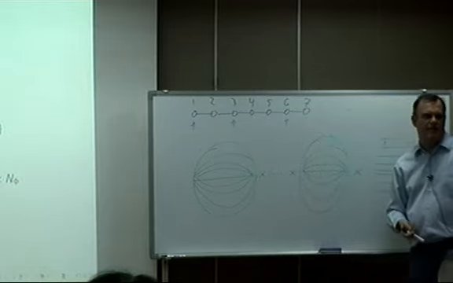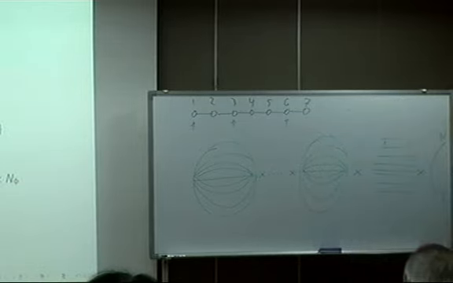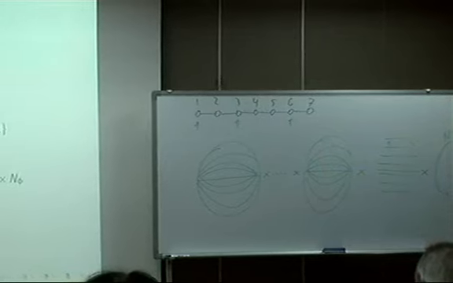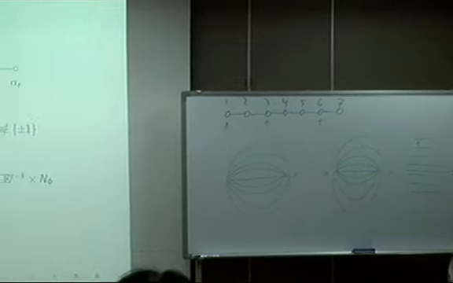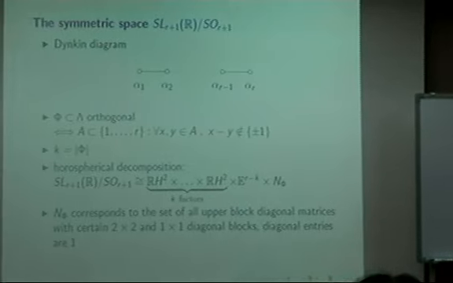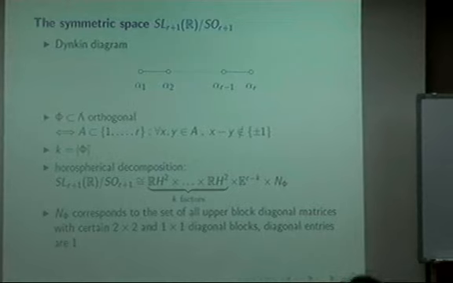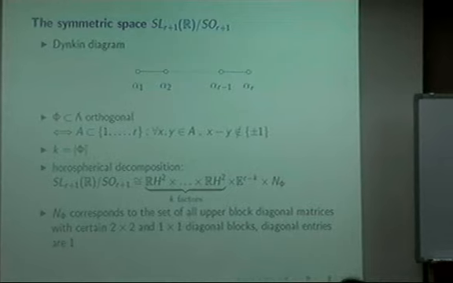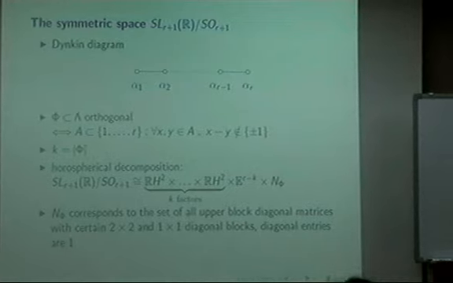So it's roughly half the rank. So this is what the horospherical decomposition looks like. And n phi, we know, corresponds to the set of all upper block diagonal matrices with certain 2 by 2 and 1 by 1 diagonal blocks, and all the diagonal entries are really 1. That's what we need there.